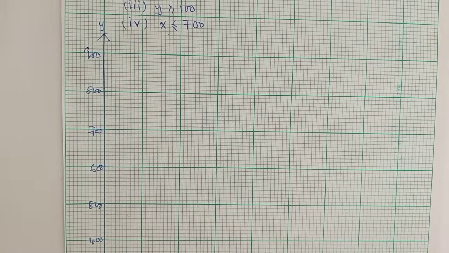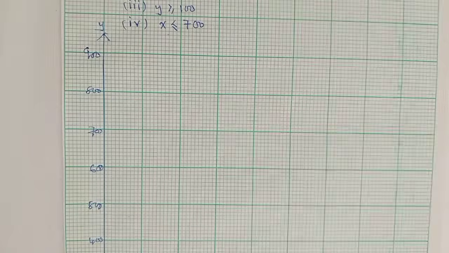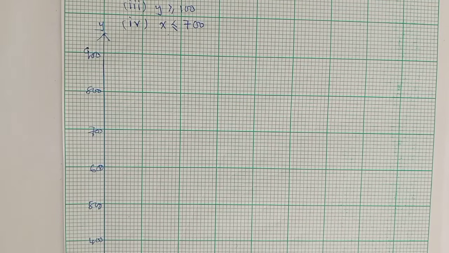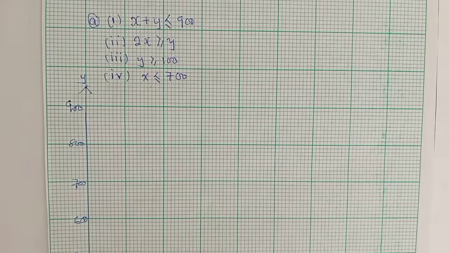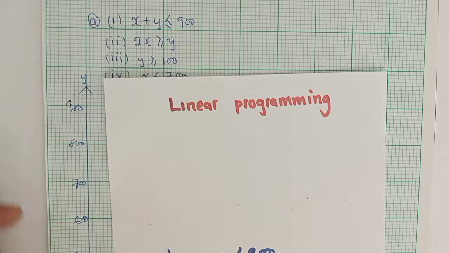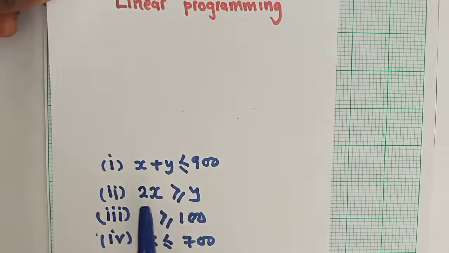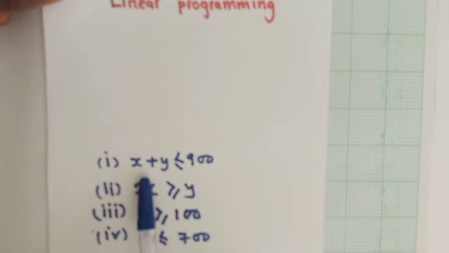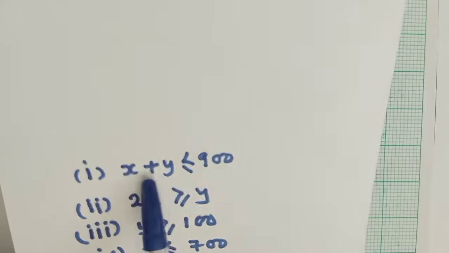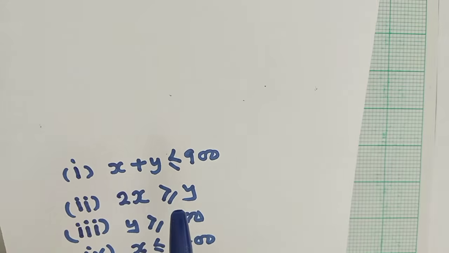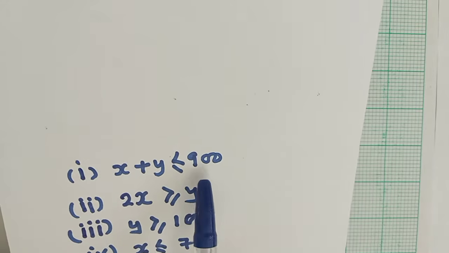Upon doing this, you check the inequalities that you have. So these are the inequalities we have. The first one is over here: x plus y is less than or equal to 900.